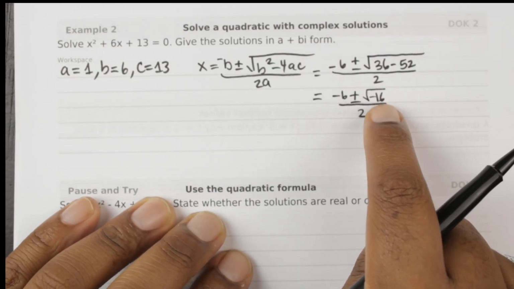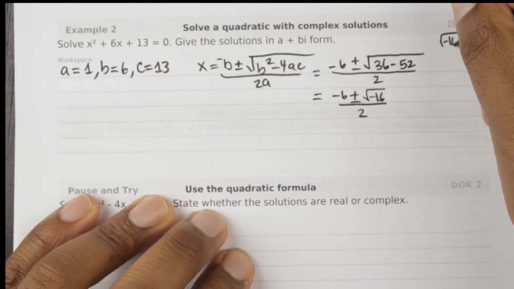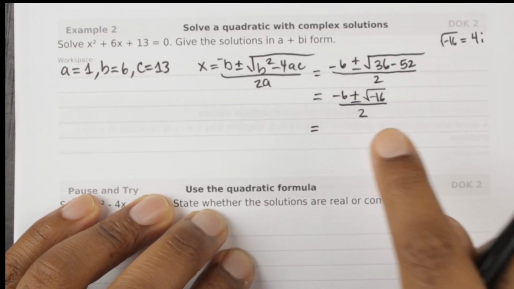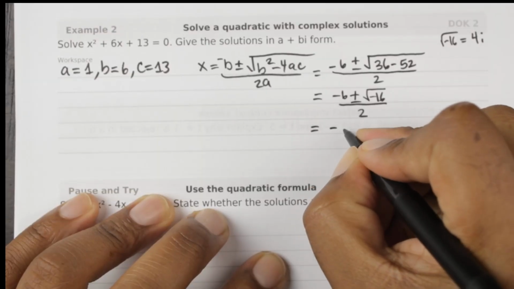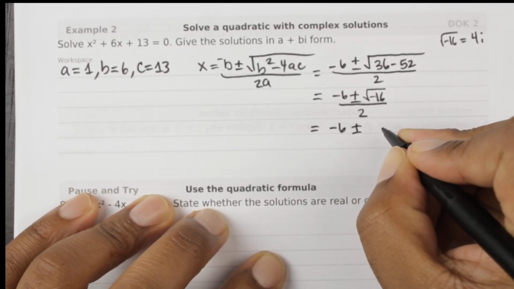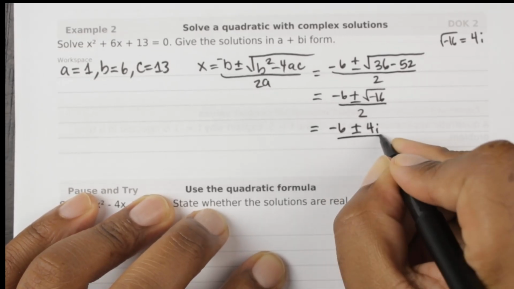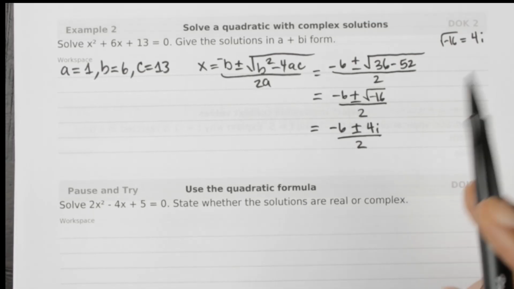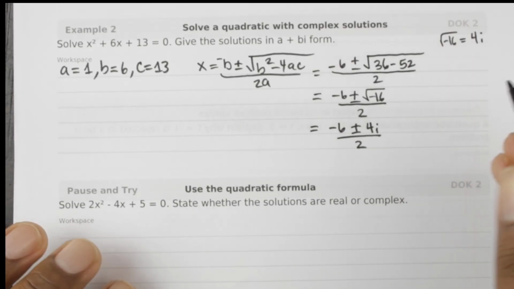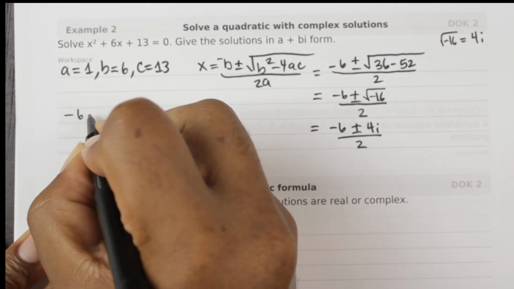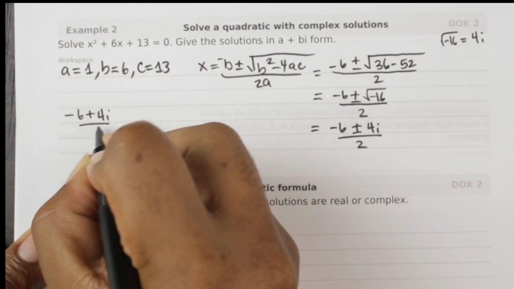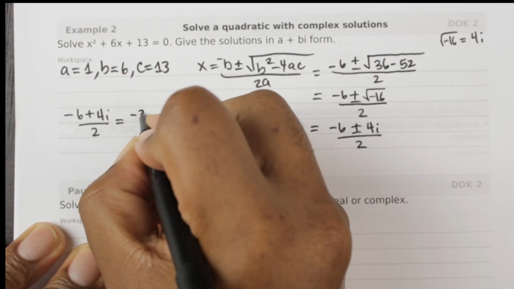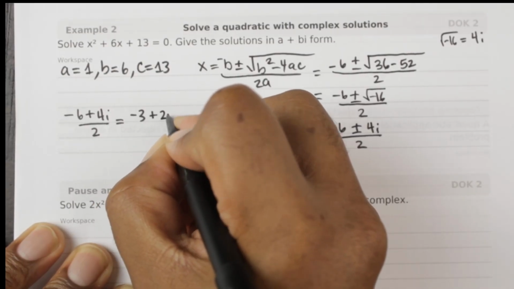Easily established. Then this is essentially saying that we have negative 6 plus or minus 4i divided by 2. And now we divide both terms by 2, and thankfully it simplifies very easily. So we have negative 6 plus 4i divided by 2, which is going to give us negative 3 plus 2i.